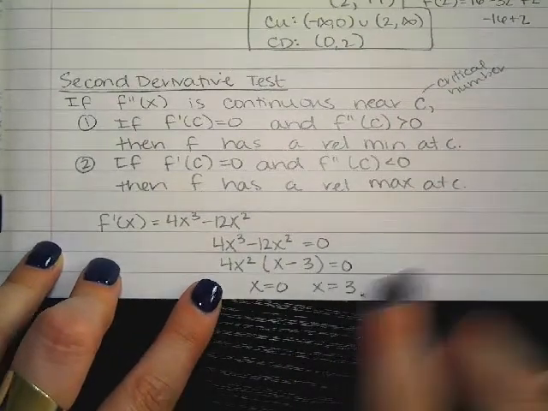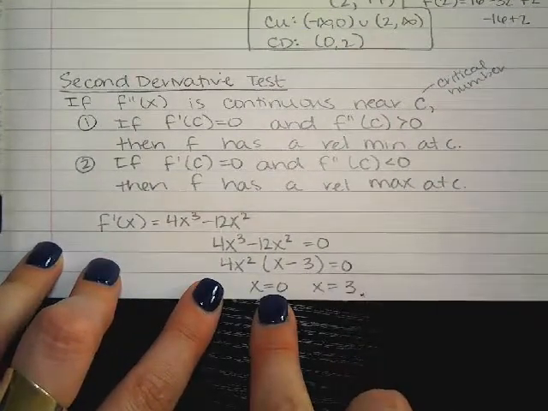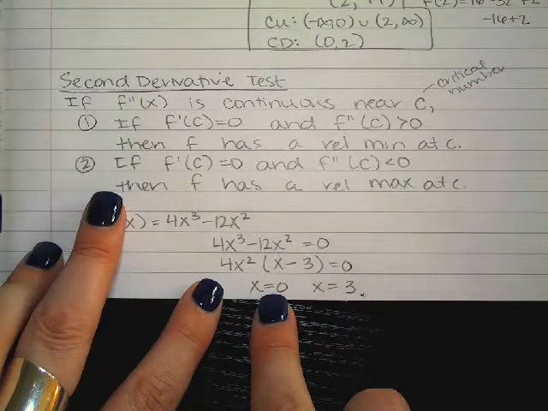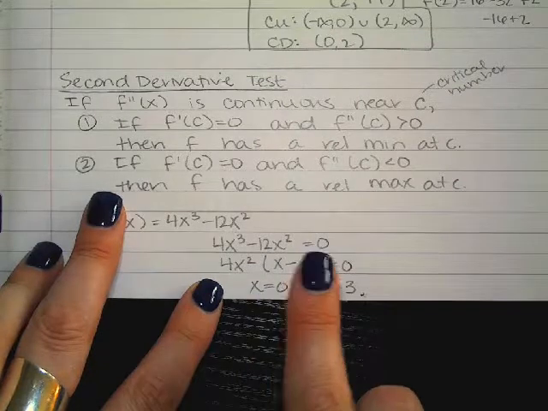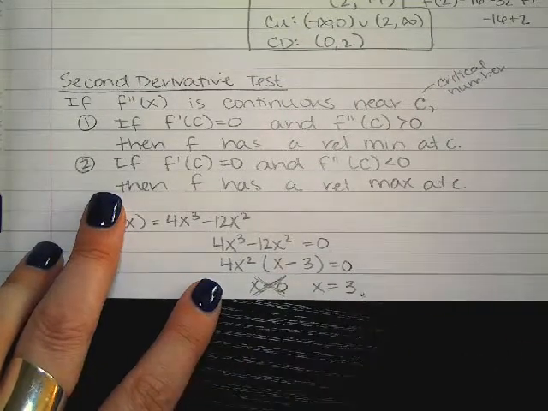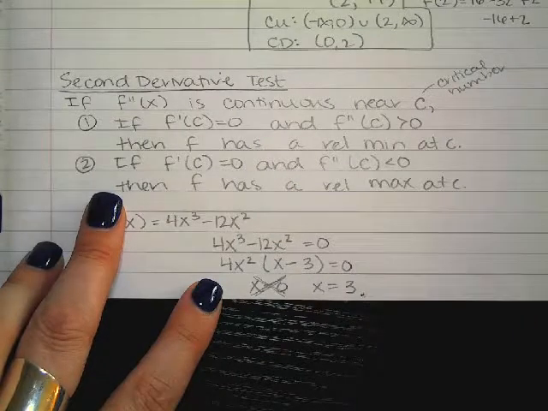All right. Now, we actually had a unique circumstance here where our point of inflection value was x equals 0. So we have a critical number at 0, and we have a point of inflection. If it's a point of inflection, it's not going to be a relative max or min because it is where it switched from concave up to concave down.